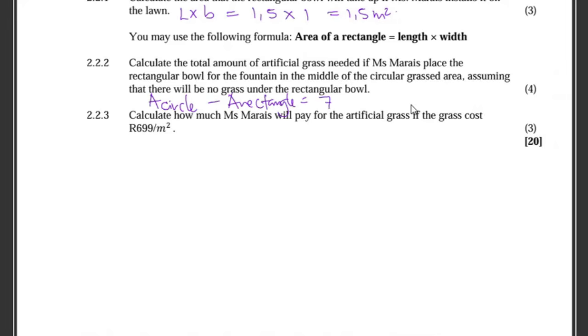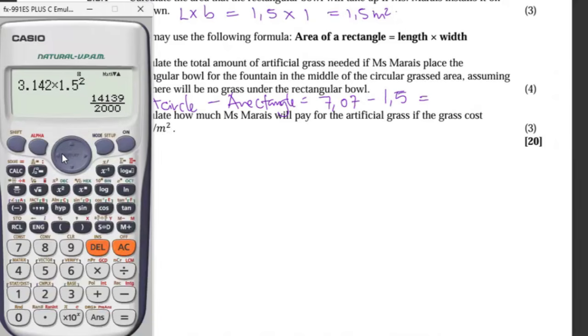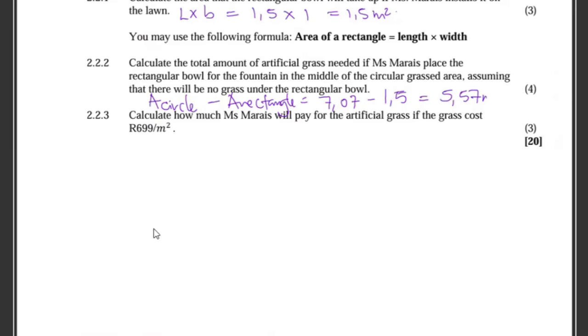Remember, we got the area of the circle 7,07 minus, now we've just got 1,5. Okay, let's come here and say the area, it was this one here. Or you can even come here and say minus 1,5. So the answer becomes 5,57 meters what? Squared. So that will be the answer.